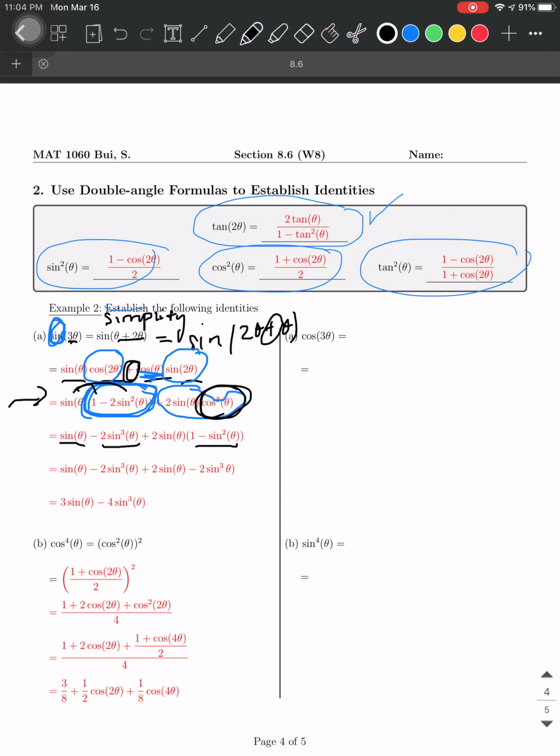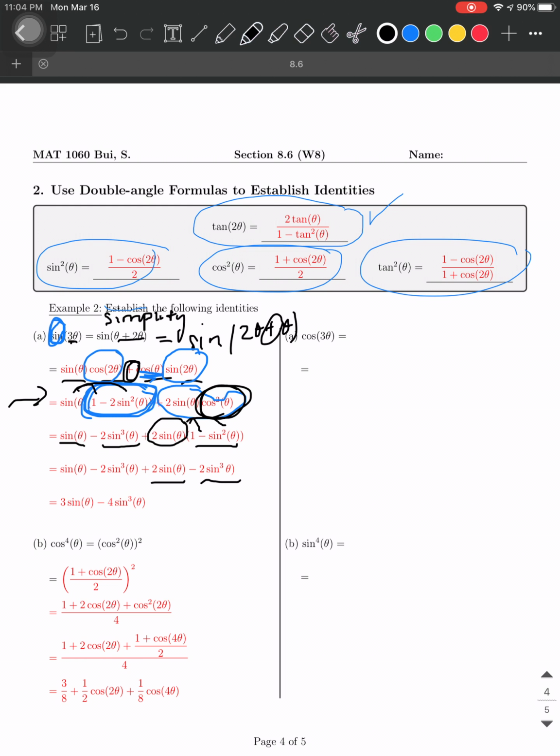Since we have parentheses, we distribute the whole thing on the outside of the parentheses into 1 and negative sin squared. So 2 sin theta times 1, we have 2 sin theta. 2 sin theta times negative sin squared theta, we will have negative 2 sin cubed theta.